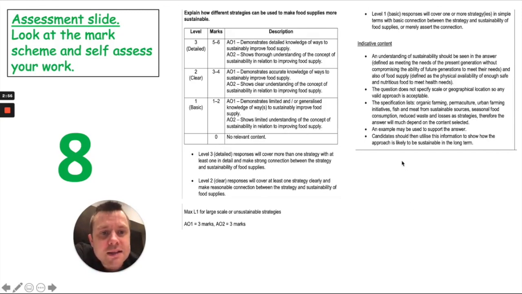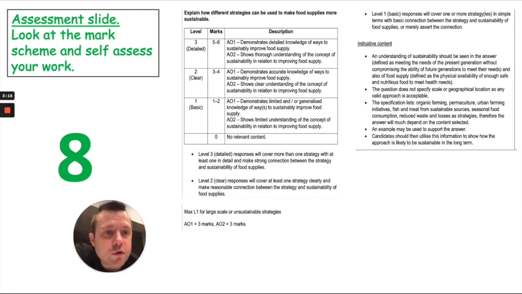And it says candidates should then utilise this information to show how the approach is likely to be sustainable in the long term. So if you're eating locally sourced food, well, that means less imports, less food miles, less air pollution, less carbon footprint. You could go down that avenue.